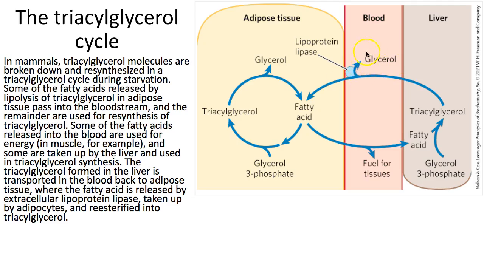And so you have the glycerol going into your bloodstream, and you have the fatty acid itself being transported into the fat tissue. And then from there, reacting with glycerol 3-phosphate and recreating the triacylglycerol. So it's always a breakdown of triacylglycerol into either glycerol or fatty acid. Then things can be transported and then resynthesized again.